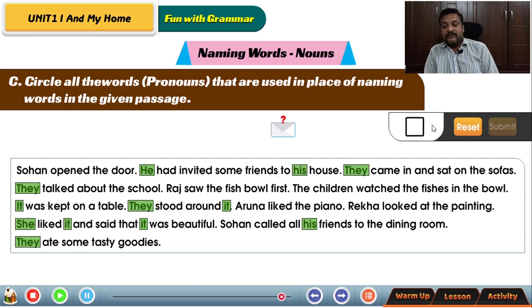Okay. So now we have marked all the pronouns inside this. And I will keep this screen same for another 2 minutes for you to read it.